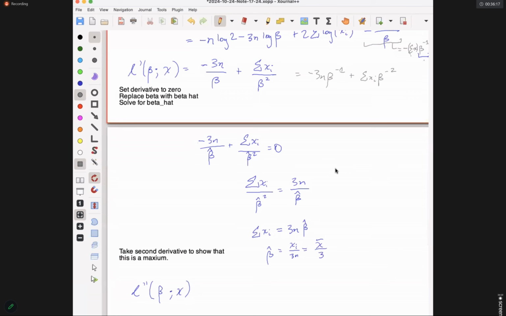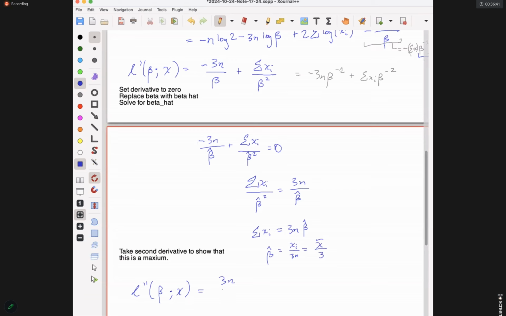We subtract from the powers. Negative 2 to this.